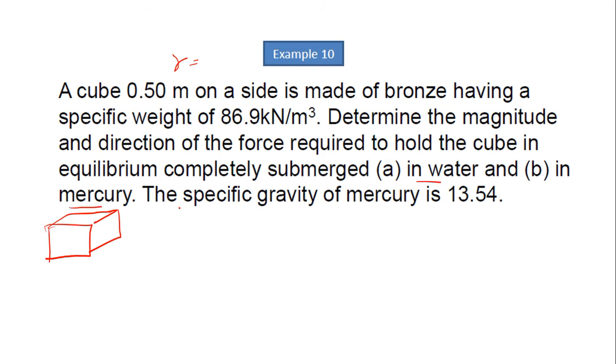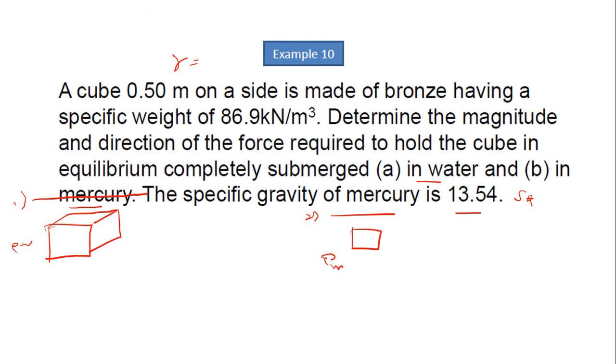So there are 2 different conditions, 2 different fluids, one water and one mercury, and they gave you the specific gravity of mercury as 13.54. So one in water, two in mercury.